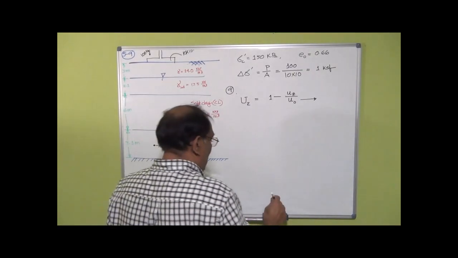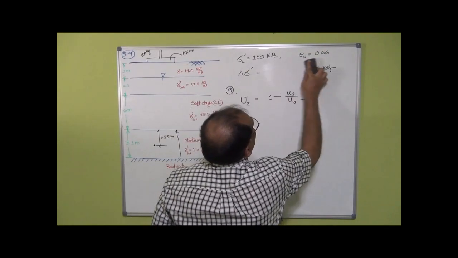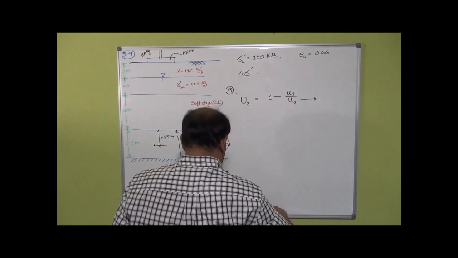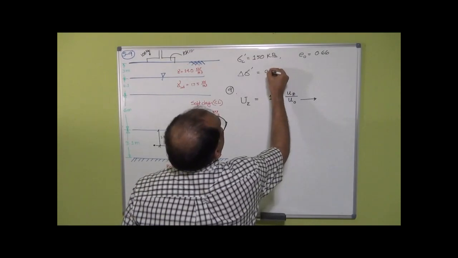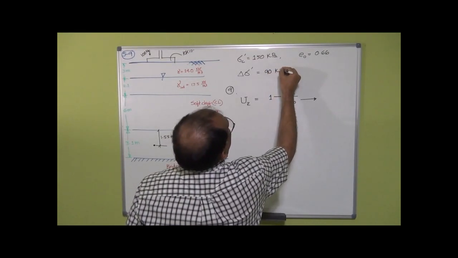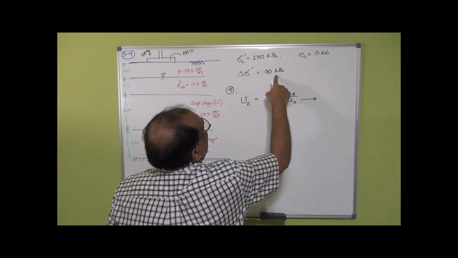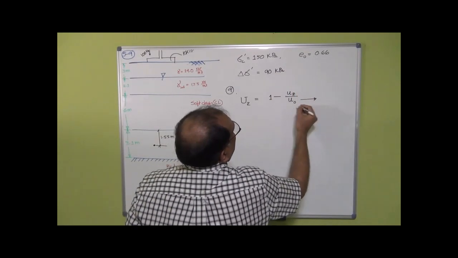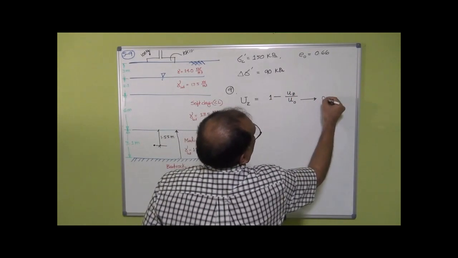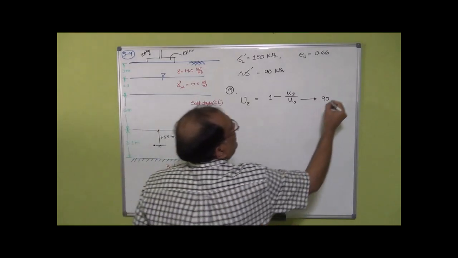That's actually the load that's coming from the new structure. Okay, we already know this one is 90 kPa. So if I apply this load, right after application this pore water pressure would be also 90 because all the load will be taken by the water.